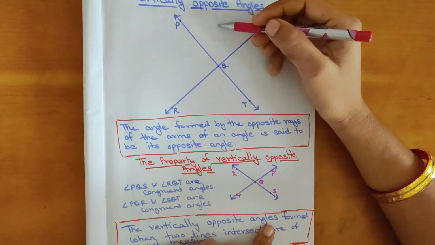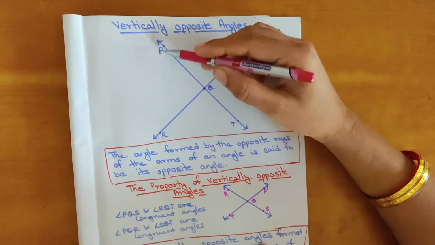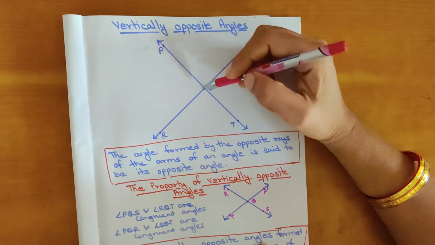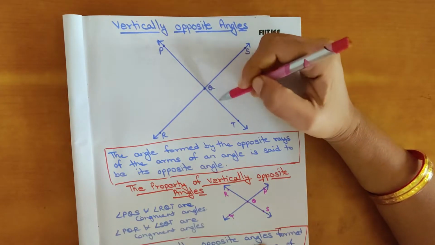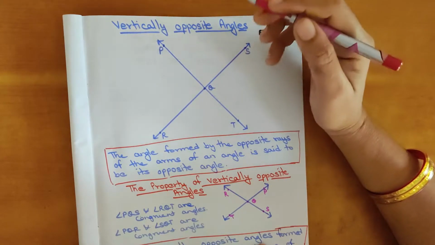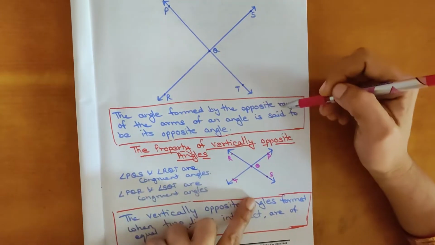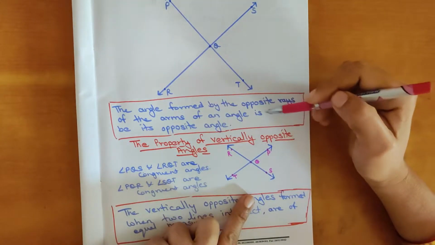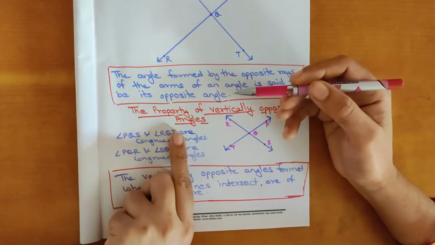You can also remember it like this: opposite, up and down. This is the left hand side, so the opposite of angle PQR is angle SQT. Left side, right hand side. So like that you can remember. So the angle formed by the opposite rays of the arms of an angle is said to be its opposite angle. Now, what does the property say?